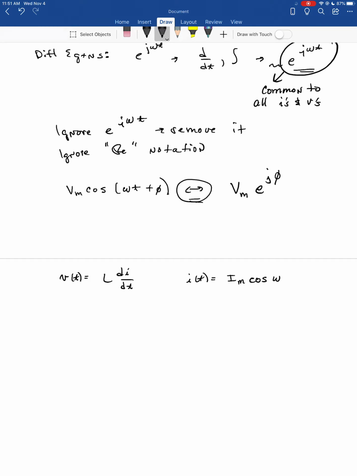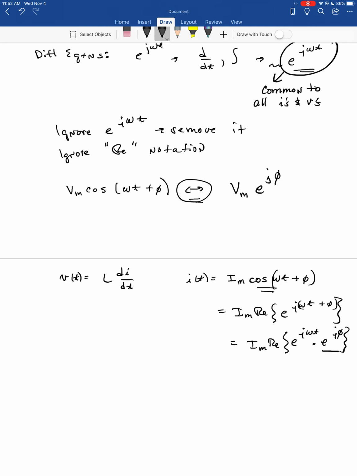If I assume that i is an AC function, so it's Im cosine of omega t plus phi, and I let this be written as the real part of e to the j omega t plus phi, which is e to the j omega t times e to the j phi.